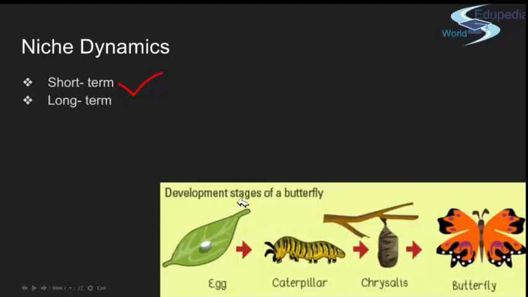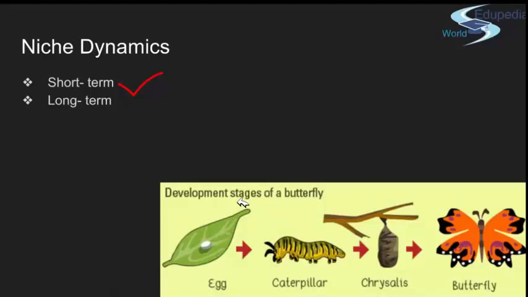As you can see, there are different stages of an insect's life, and depending on the stage they have different needs for different resources at different times. So they are trying to reduce the niche overlap as much as they can, and it's all happening through the life span of a single individual, in this example a butterfly.